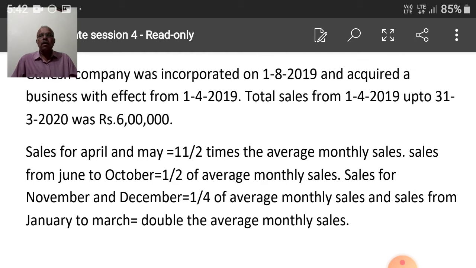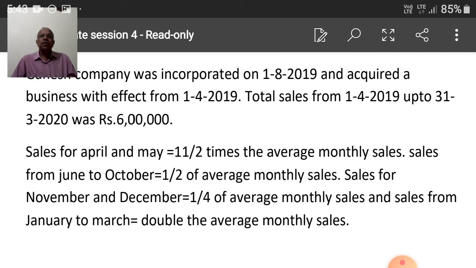And sales from January to March are double the average monthly sales. This is the problem.